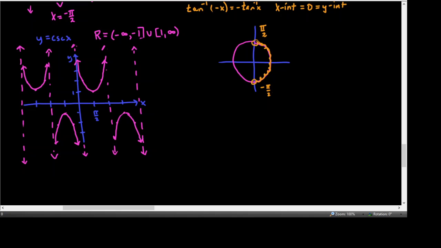As it turns out, the part of this we're going to keep is from -pi/2 to 0, which gives us half of a downward branch, which will get us everything from -infinity up to -1.